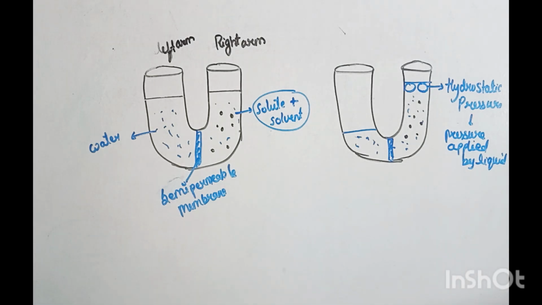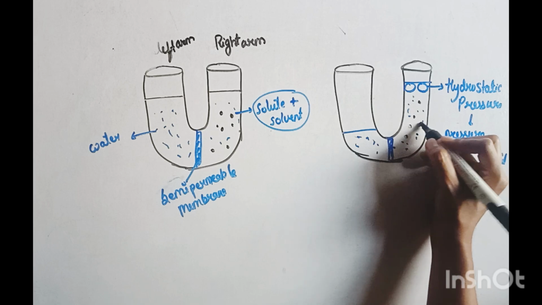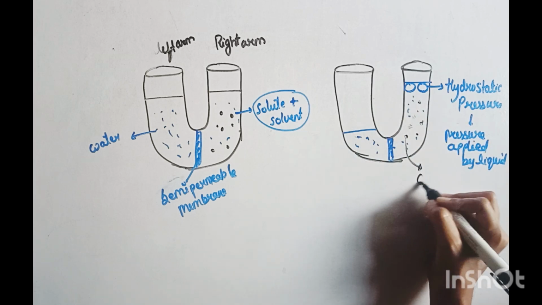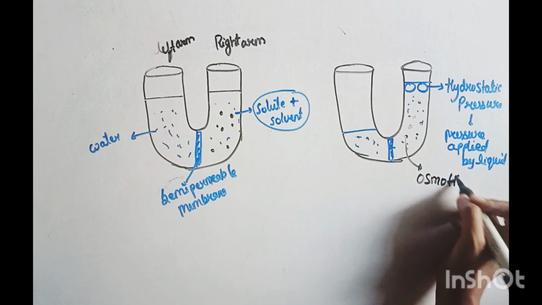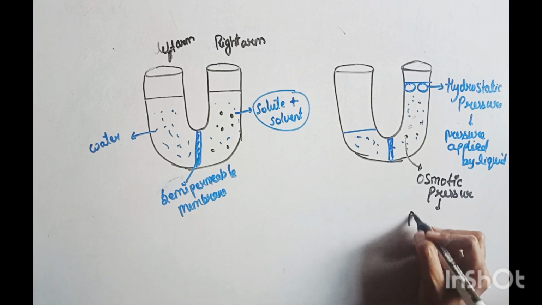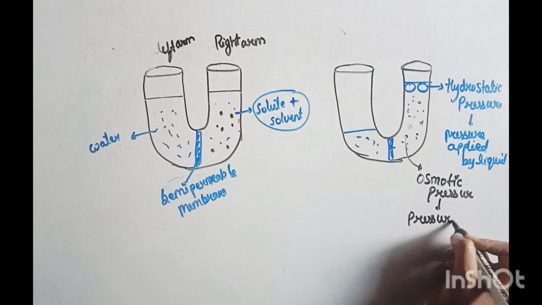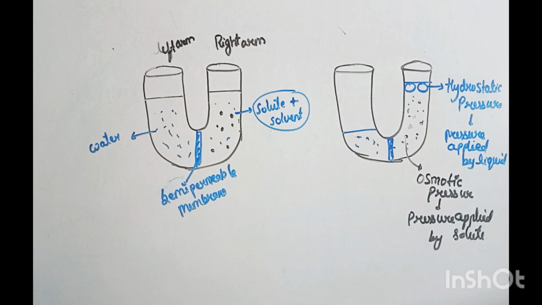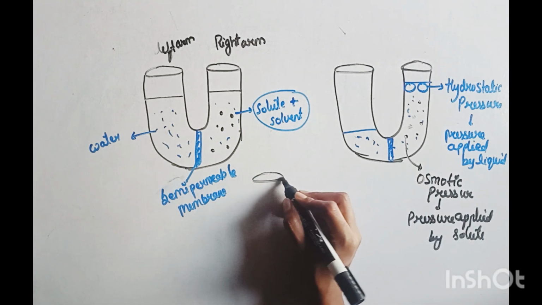And when the solute is present in the right arm, the solute also applies a pressure, and this pressure is called the osmotic pressure. So in osmosis, water moves from the left arm to the right arm, and under hydrostatic pressure, water moves from the right arm to the left arm.